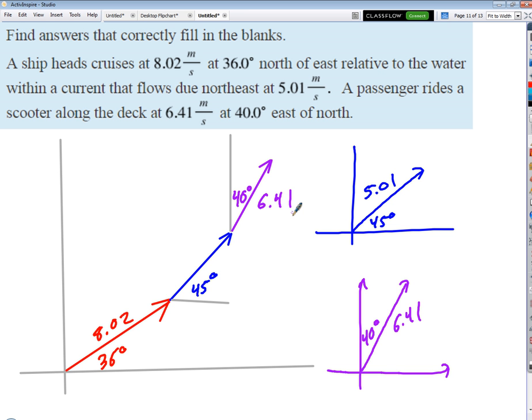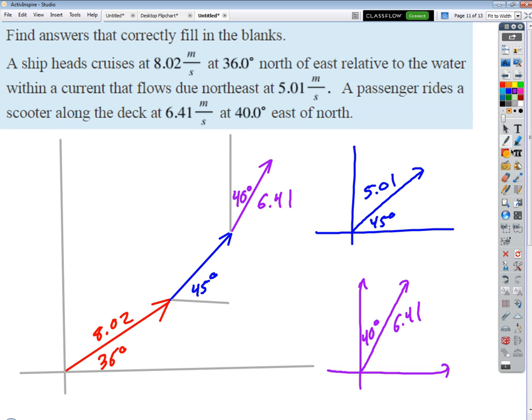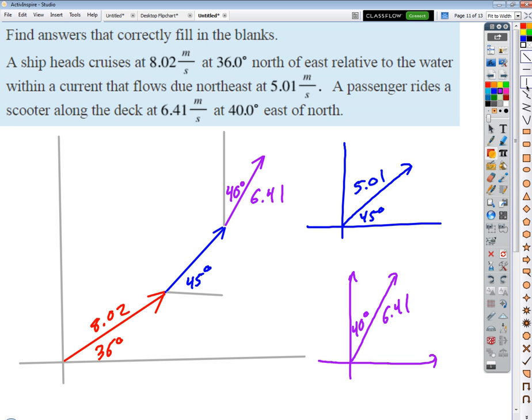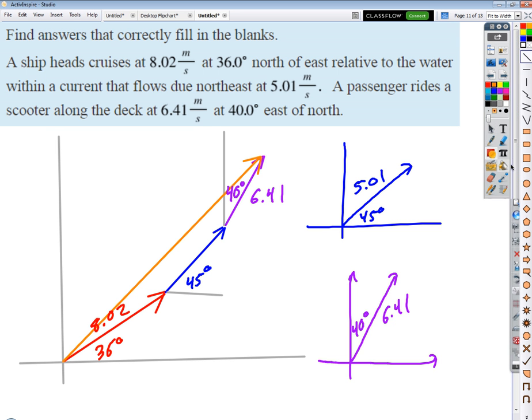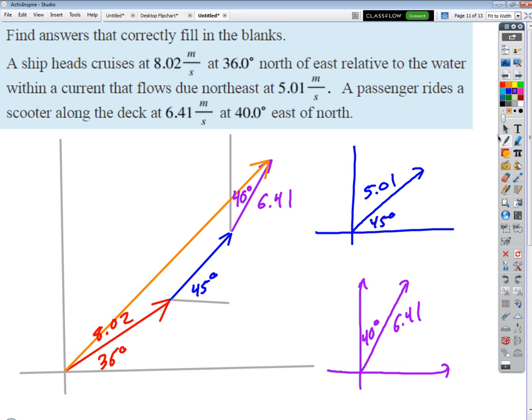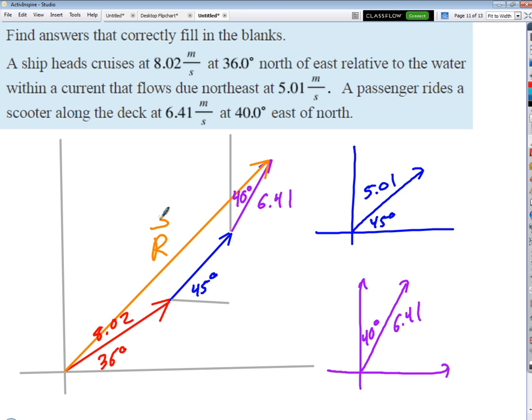And so the resultant then is going to be the vector that starts down here and ends right there. Agreed? Make sense? That's a pretty bad way to do it, though. Add all those vectors tip to tail, that's a lot of geometry. We don't want to do it that way.